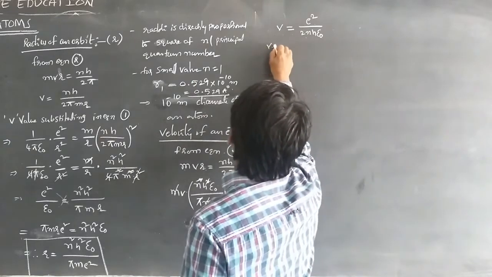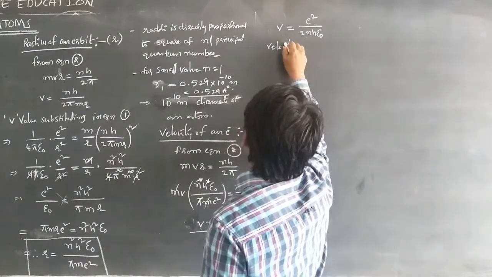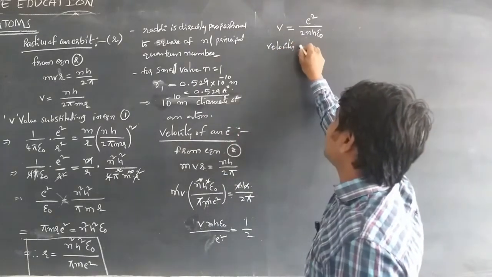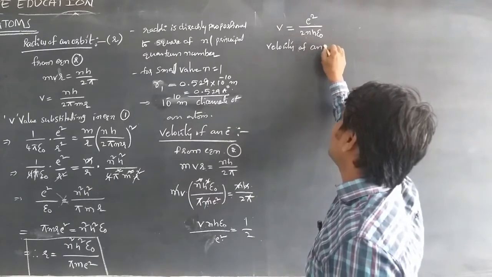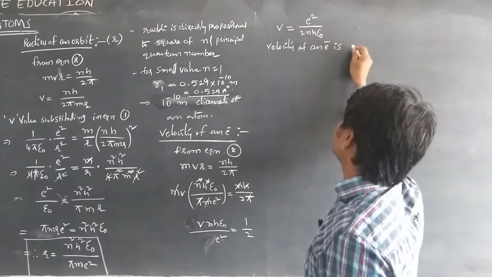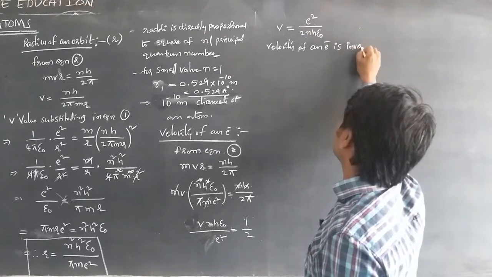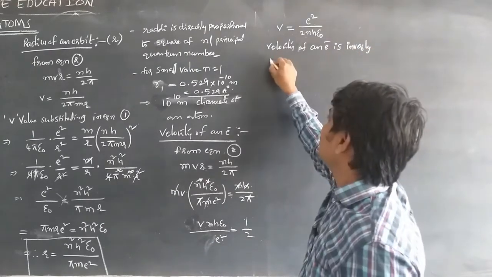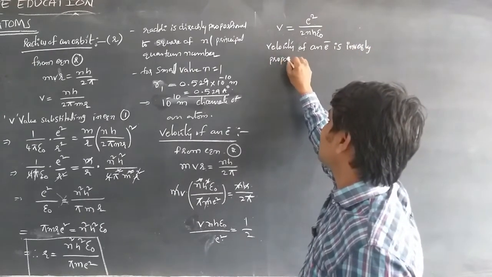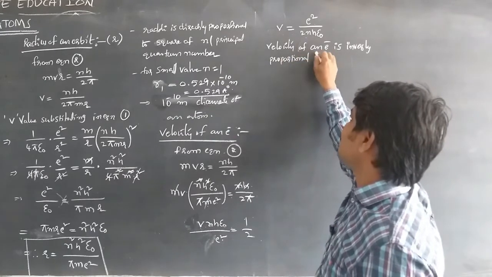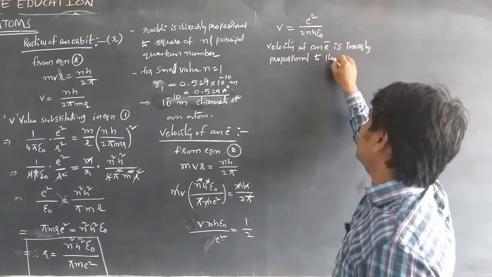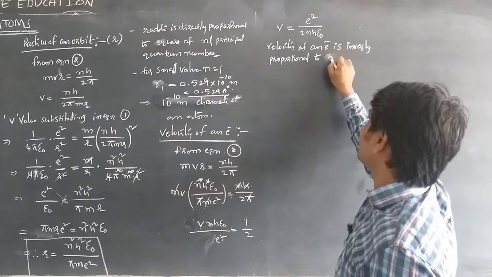Here the velocity of an electron is inversely proportional to n.